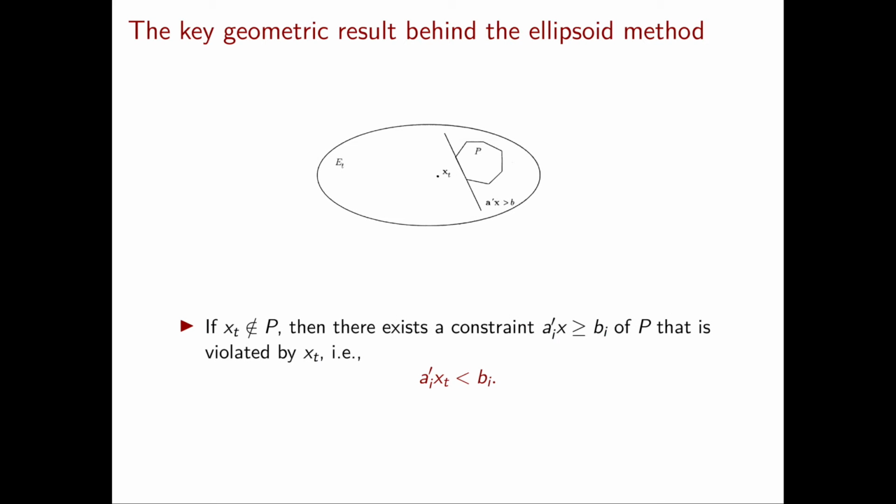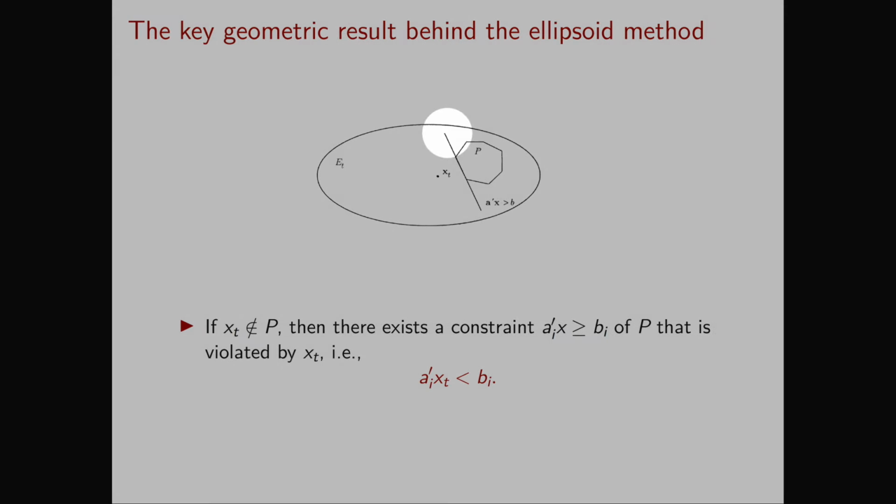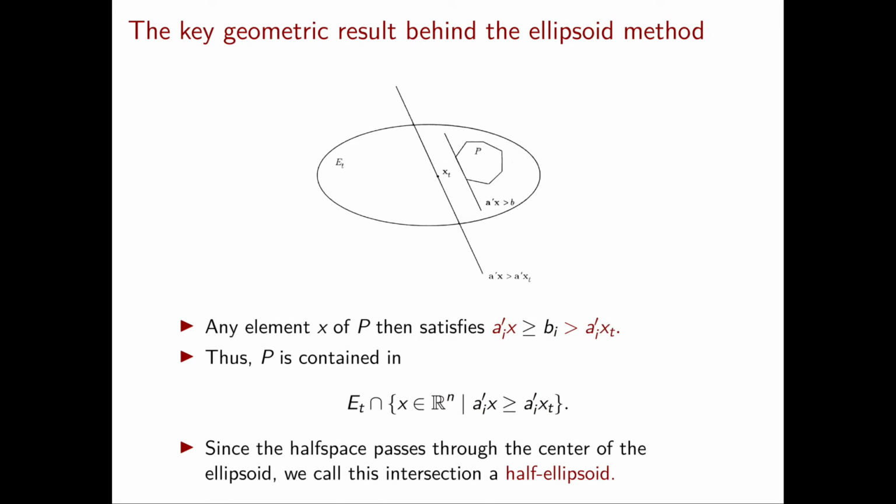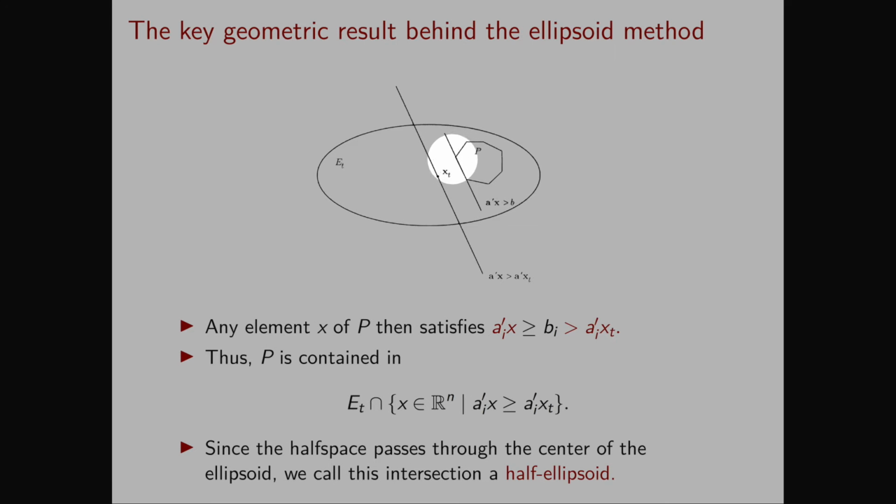Otherwise, it means that there exists a constraint that defines P that is not satisfied by the vector x_t. In our picture, an example of such a constraint is this linear inequality here. As you can see, it is one of the inequalities that defines P, and the vector x_t doesn't satisfy it. Next, our ellipsoid algorithm translates this inequality so that it passes through x_t.